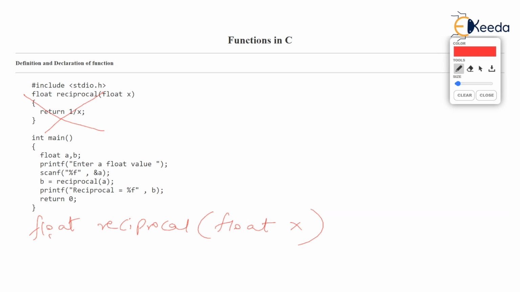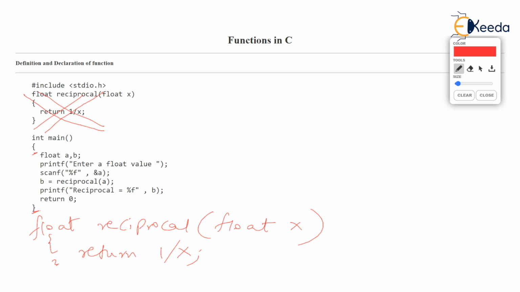So it returns 1 upon x and the function ends. I have removed the function from here and written it below the close brace of main.